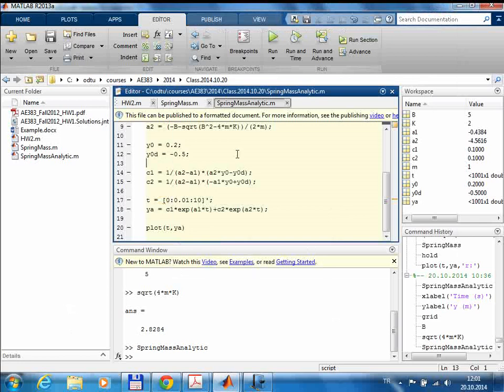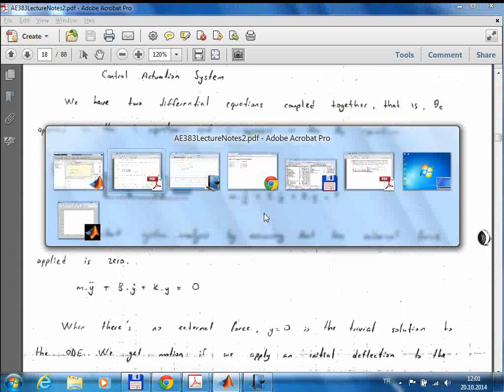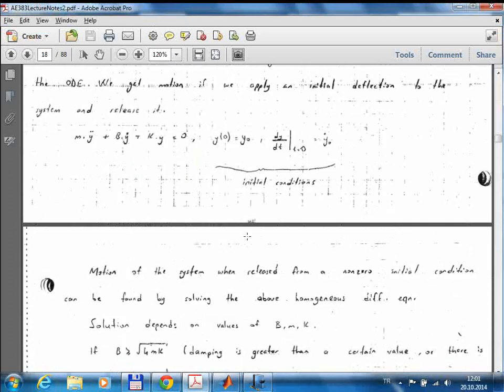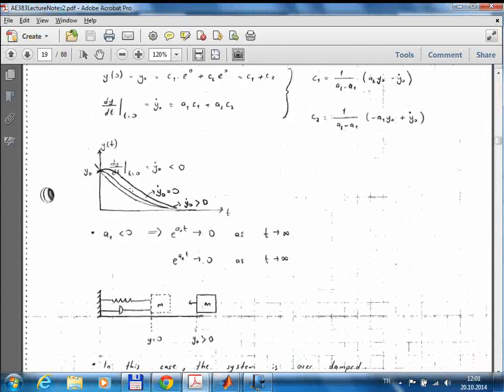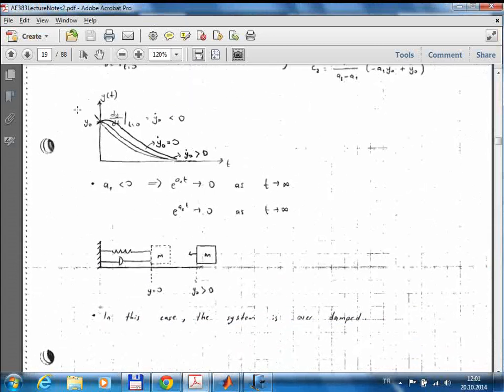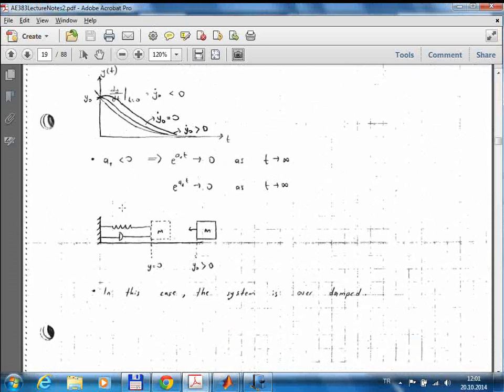But right now we found the solution manually by solving the differential equation, and then we just use MATLAB to plot the result. Okay? And here you see the different results, but later we will solve and plot similar cases directly in MATLAB.